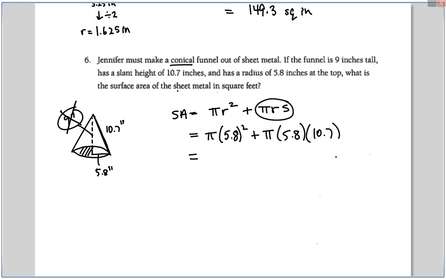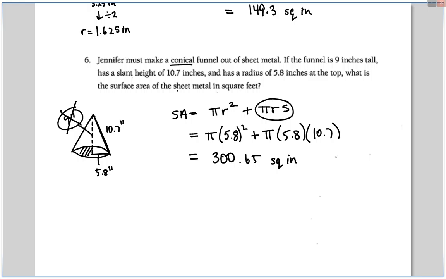So, calculating away, pi times 5.8 squared plus pi times 5.8 times 10.7, and after I put all that in my calculator, I got 300.65 square inches.